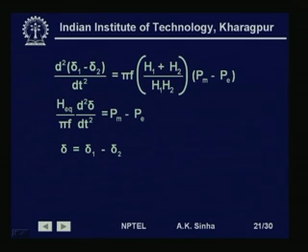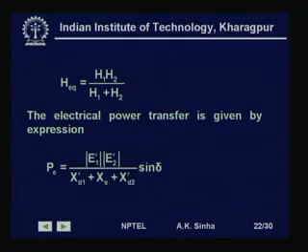So, the swing equation which describes the motion of this two machine system can be written in this form, where we have H Eq as the equivalent inertia and δ, which is δ1 minus δ2, is the angular difference of the internal voltages.